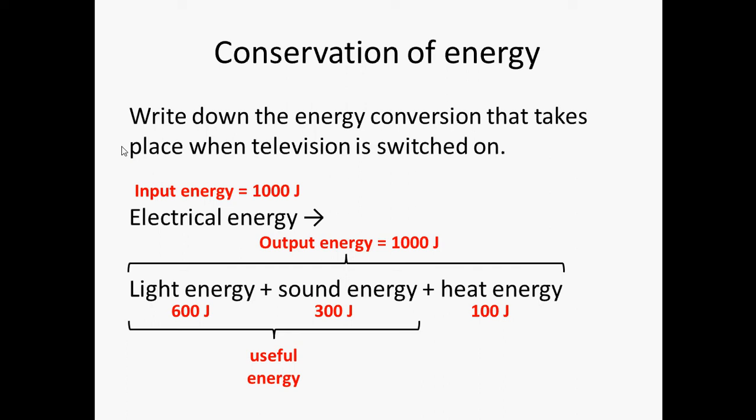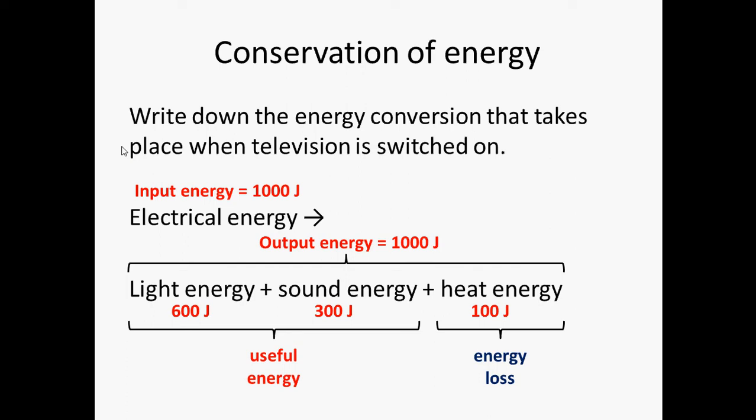Heat energy, on the other hand, is something that we can do without. It is an energy that is lost. And even if you have a lot of heat energy given out from a television, it's not going to improve the effectiveness of the television for its purpose and use.